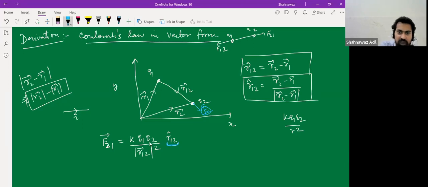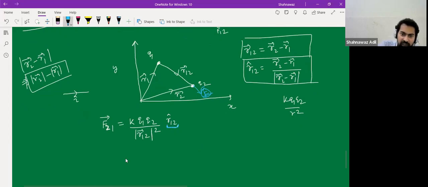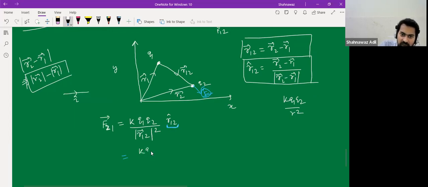And we have calculated what this r12 hat is. So r12 hat is equal to the r12 vector divided by the r12 magnitude.